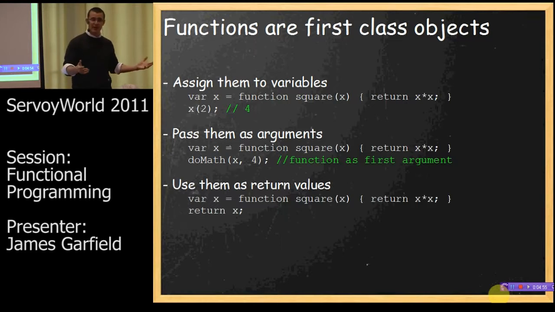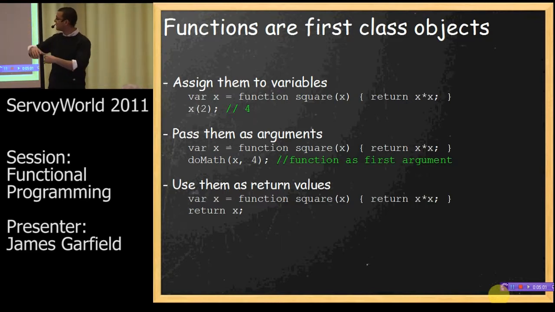You can return them as values, so much like you can pass them into something else, you can return them away from a function. So if I'm defining square inside of another function, I can, in that function, return it. And now whatever function called that has that function as its return parameter. Clear?